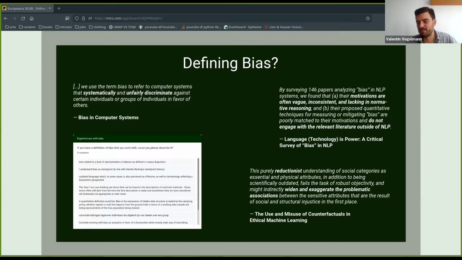Namely that we got 40 responses from people on what their working definition of bias is. And of these 40 responses, we got 40 different ones. So that also goes to show that bias is a very broad, very big category that is very difficult to define in the first place.